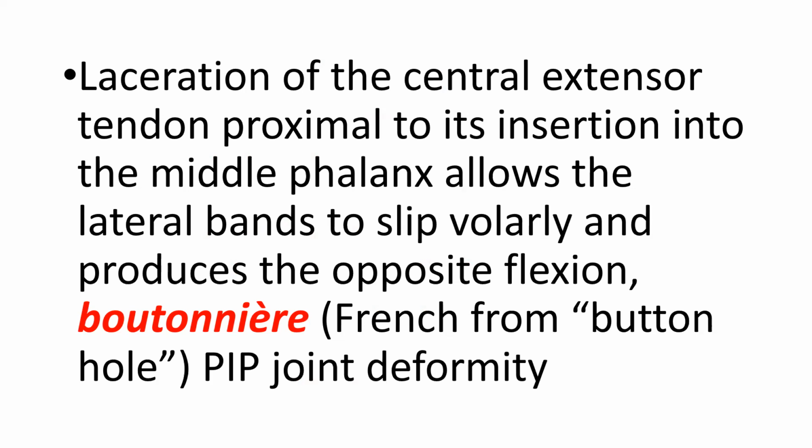Laceration of the central extensor tendons, proximal to its insertion into the middle phalanx, allows the lateral bands to slip volarly and produce the opposite flexion boutonniere deformity, the French for buttonhole PIP joint deformity.